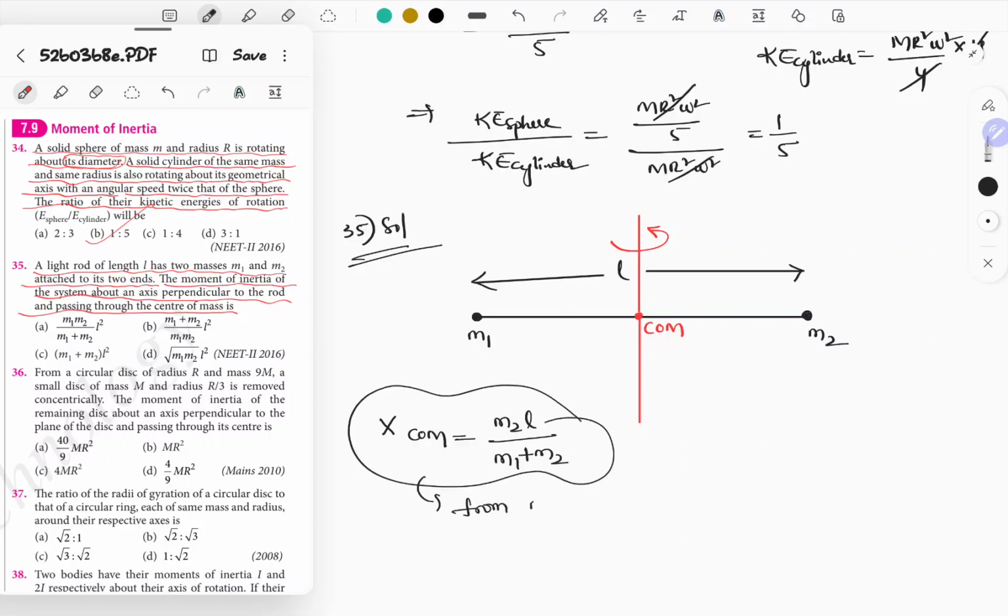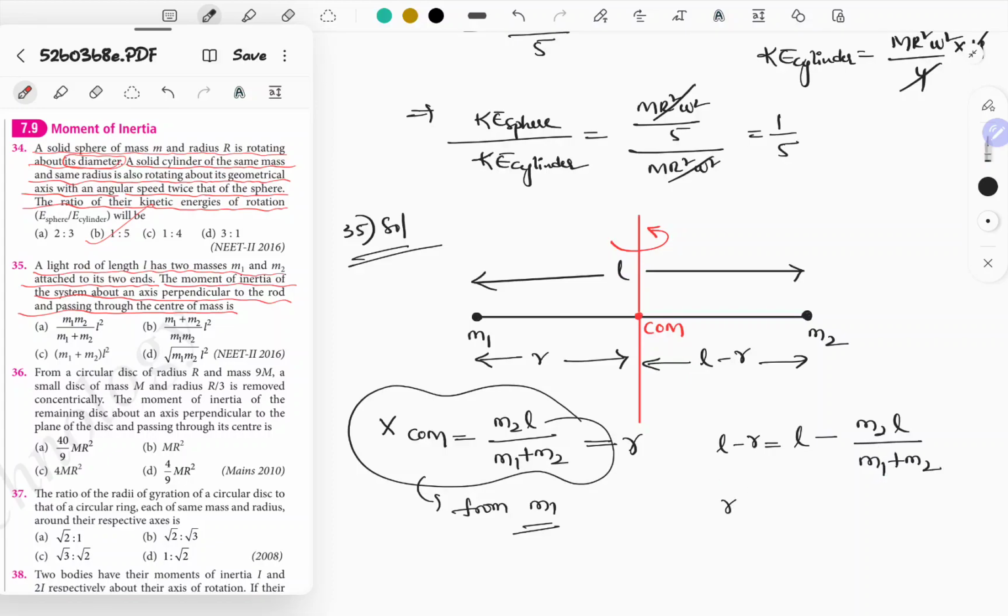Let me treat this as R. So how to find the remaining distance? It is going to be L minus R, which is L minus M2L divided by M1 plus M2.